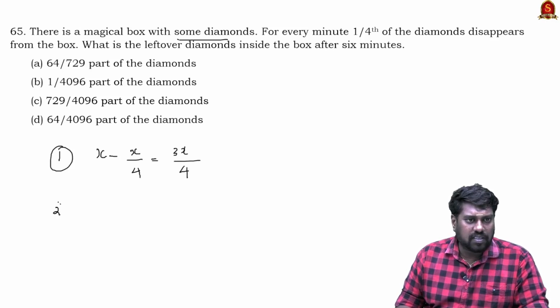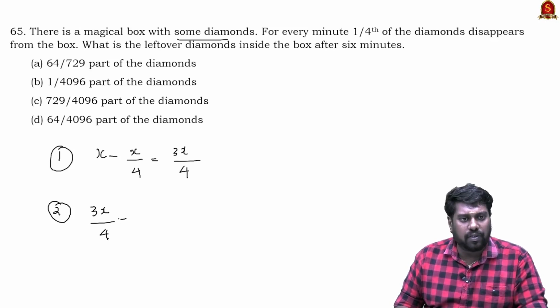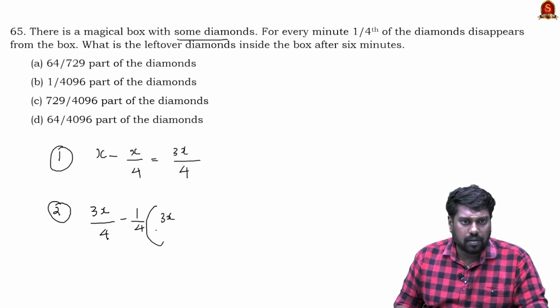Now let us go for the second minute. In the second minute, what is the present number of diamonds? 3x by 4. Out of this, again 1 by 4th of 3x by 4 disappears. Correct? If I simplify, it will be 3x by 4 minus 3x by 16.